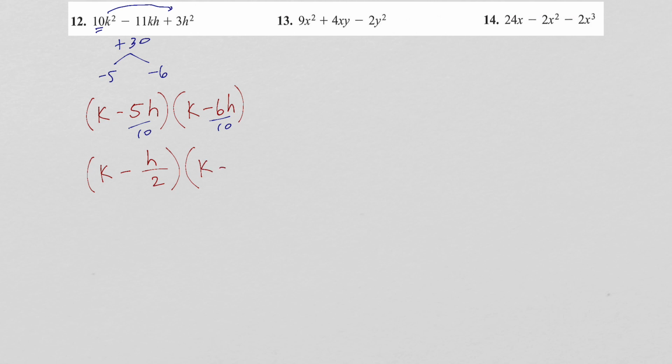Dividing by 2, I get 3h over 5. And then I'll slide this back. And I end up with 2k minus h and 5k minus 3h.